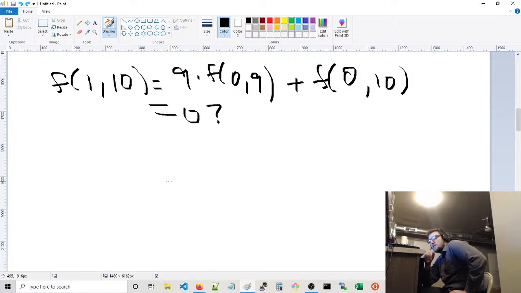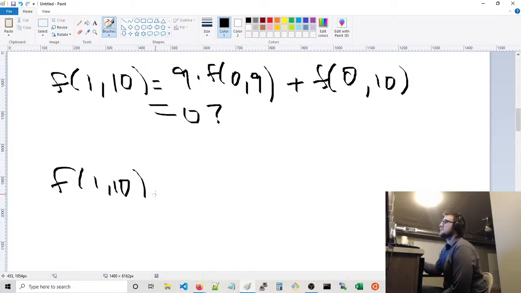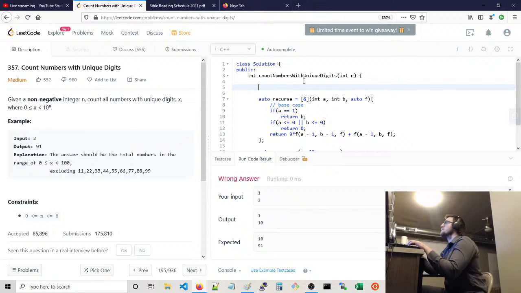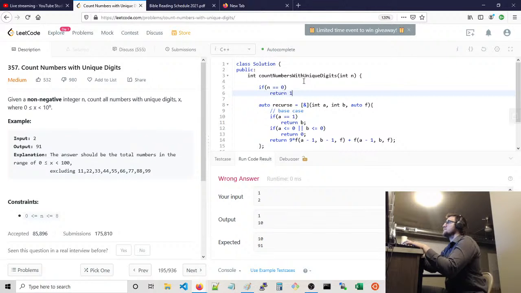When n is 1, that's when things get interesting. That's when you have f of 1, 10, which should give you 9, or really should just give you 10, just out the gate, 10, right? Yeah, okay, let's do it that way. Yeah, A is 1, return B, right? Either of these are, yeah, and if n equals 1, no 0, return 1.